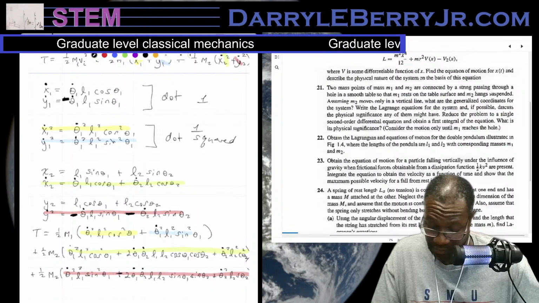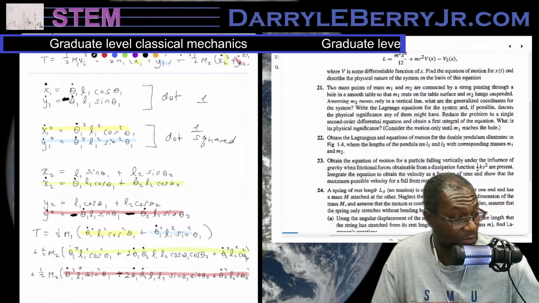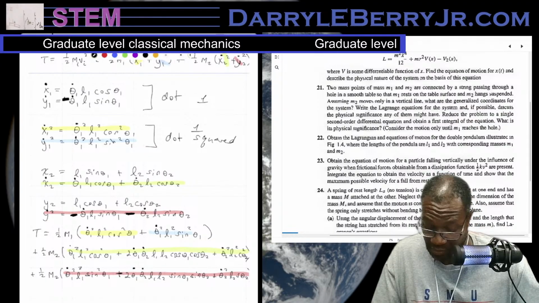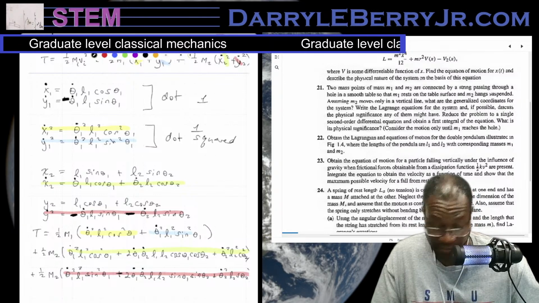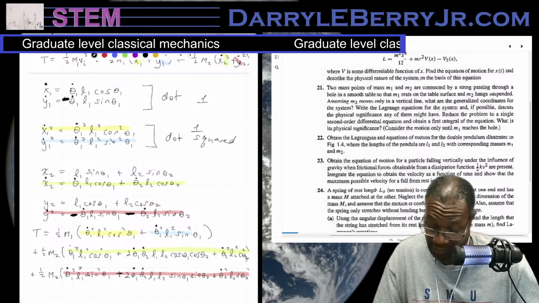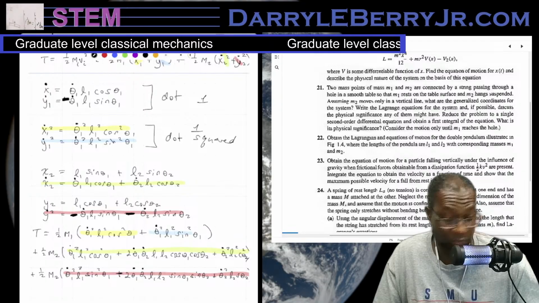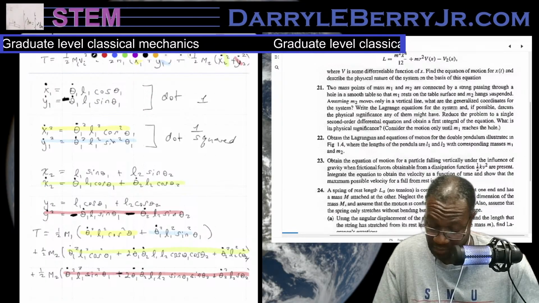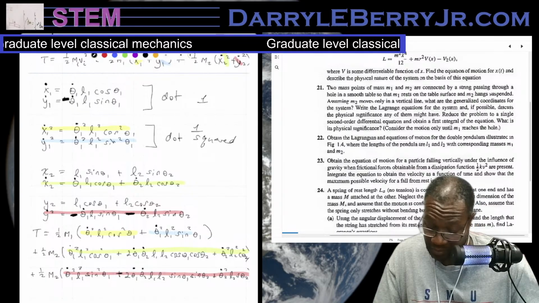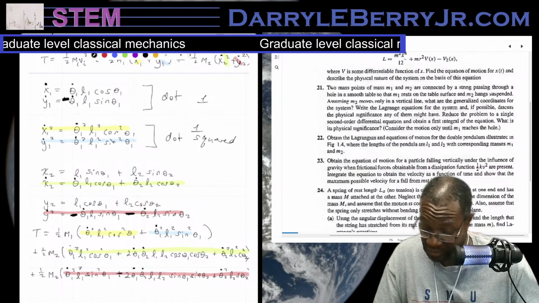We have theta 1 squared, L1 squared, cosine squared theta 1. Theta 2 squared, L2 squared, cosine theta 2 squared, plus 2 theta 1, theta 2, L1, L2, cosine, cosine.